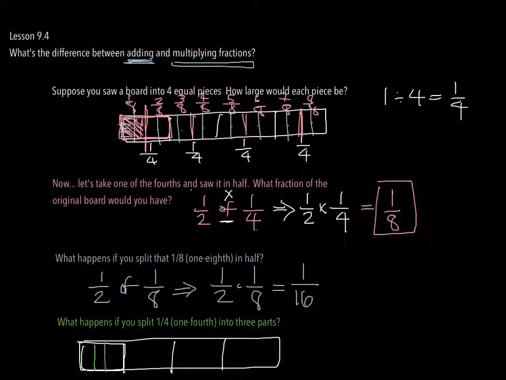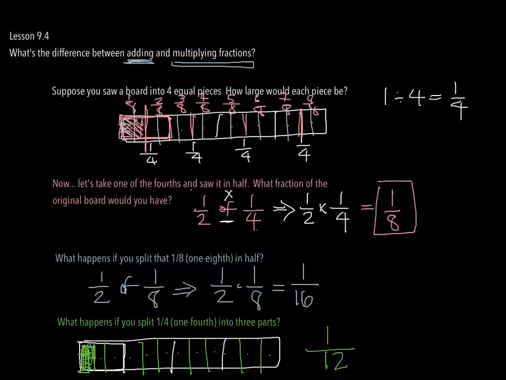So boom, boom. To figure out what our total is, we have to split all of them into 3 parts. So how many parts do we have? Because this is our magic one, but we've got to figure out how many parts total. 1, 2, 3, 4, 5, 6, 7, 8, 9, 10, 11, 12. So now it's 12, and we have 1/12.